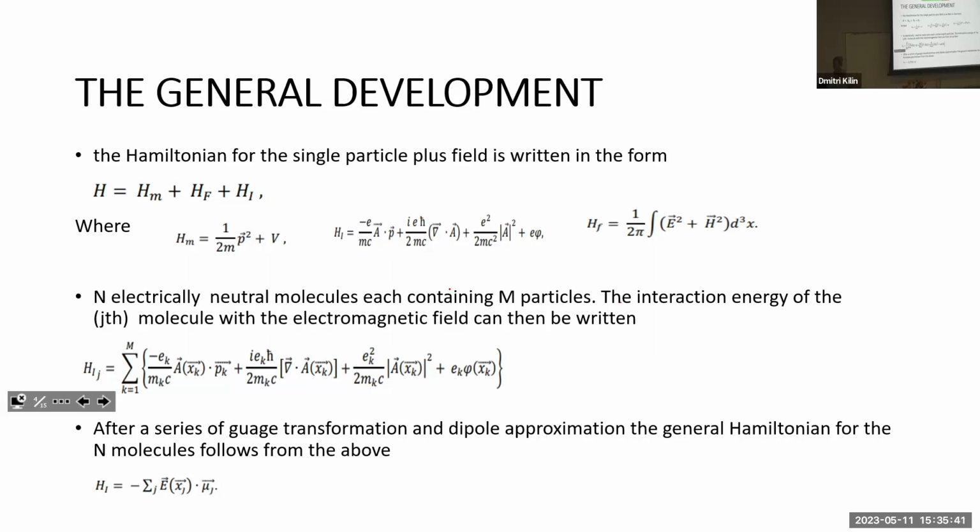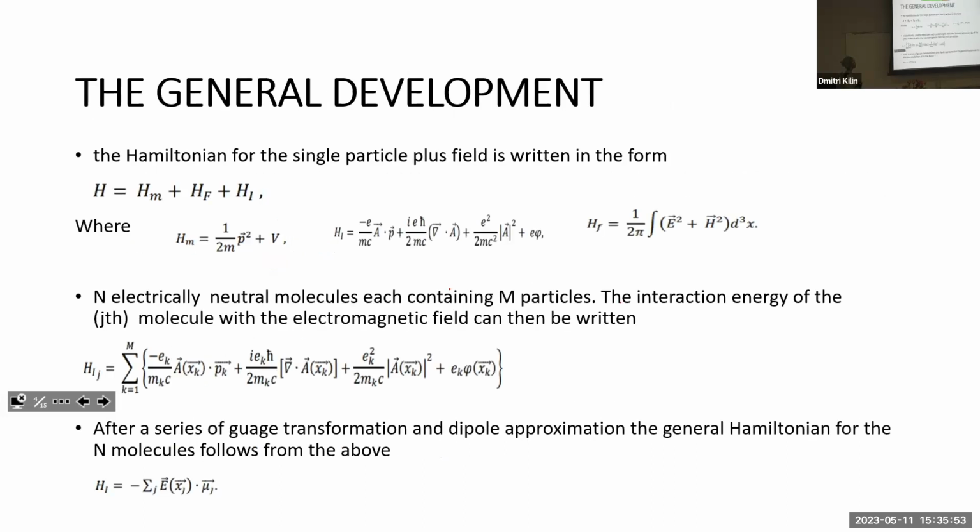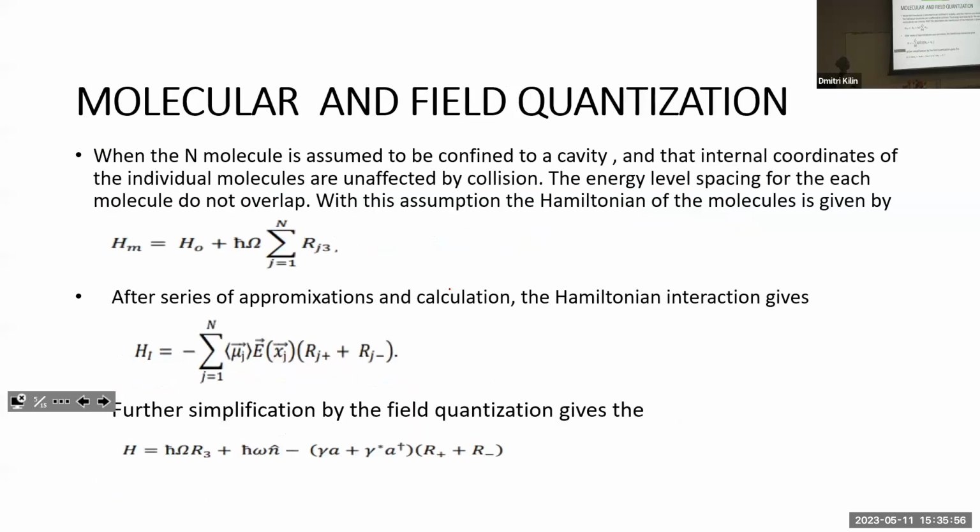So he further simplified this term using the molecular and field quantization. My bad, there were a lot of calculations involved in how he was able to simplify from the previous equation to what we have here, which was not mentioned here.